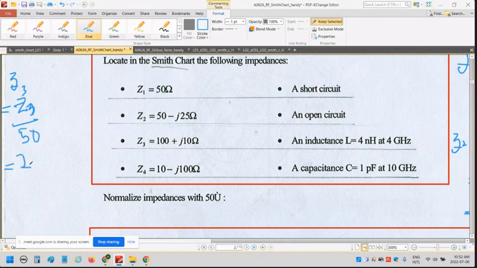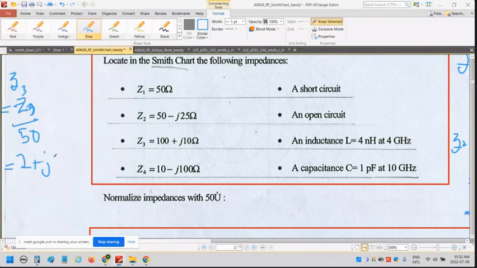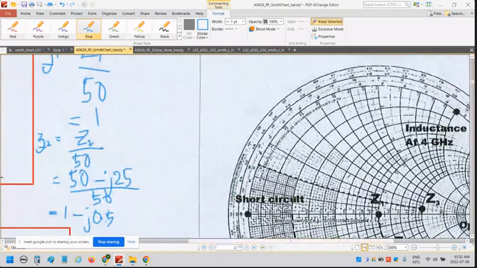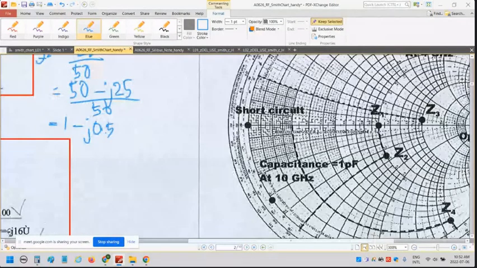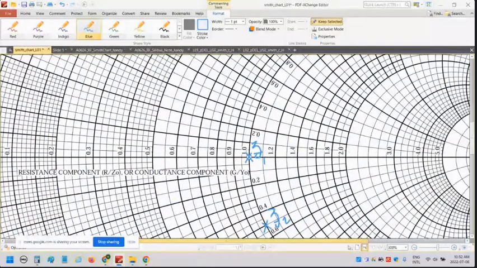When you divide by 50, you get 1 plus j. 1 divided by 5, you get 0.2, right? So 0.2j. For the Z3 here, you see the location. And if you look at the Smith chart, 2.0 is here.